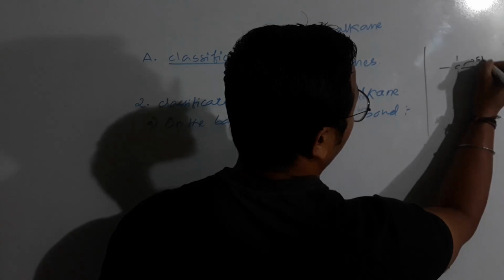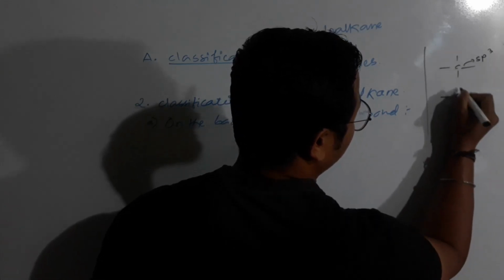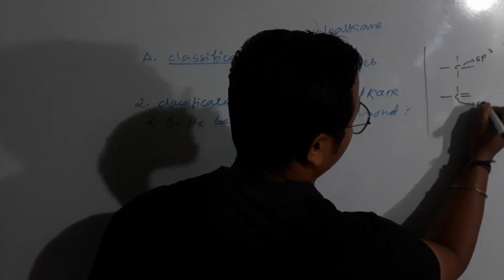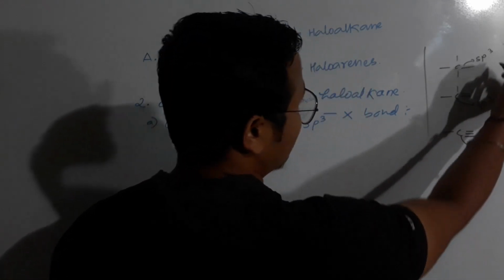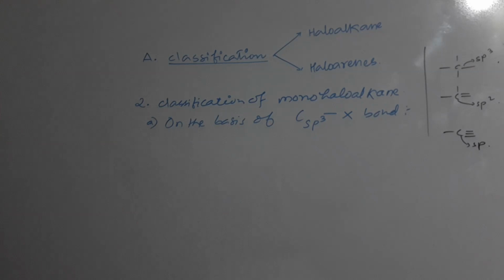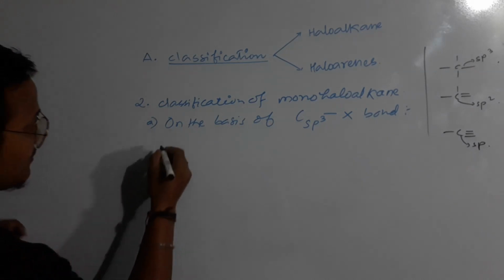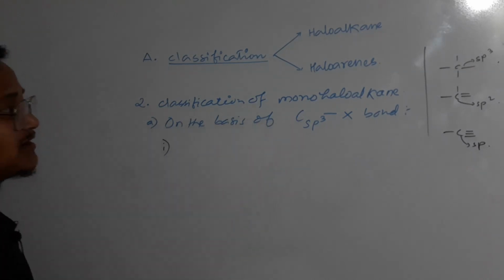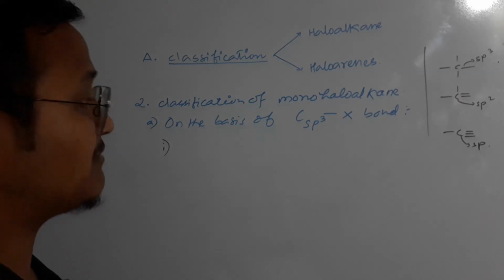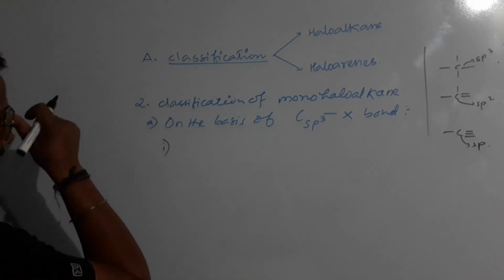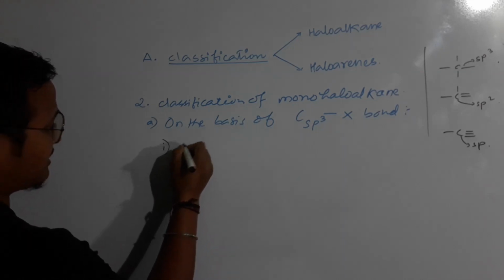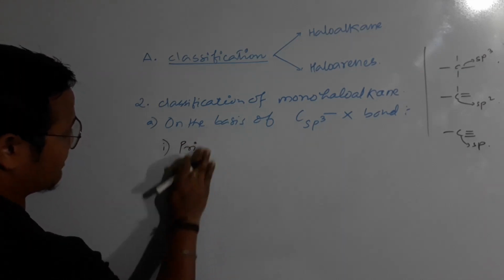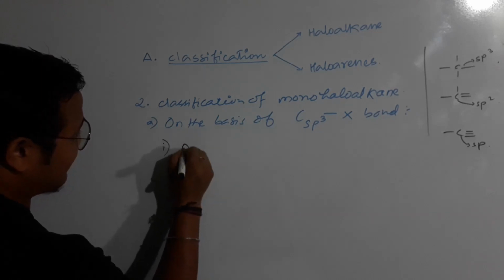When it is a single bond, it is sp3. When it is a double-bonded carbon, it is sp2. And when it is a triple-bonded carbon, it is sp. Try to know these two things; they will be applicable here. Clear, guys? Now the first one, on the basis of the sp3 carbon-halogen bond, we are classifying monohaloalkanes, and they are known as alkyl halides.